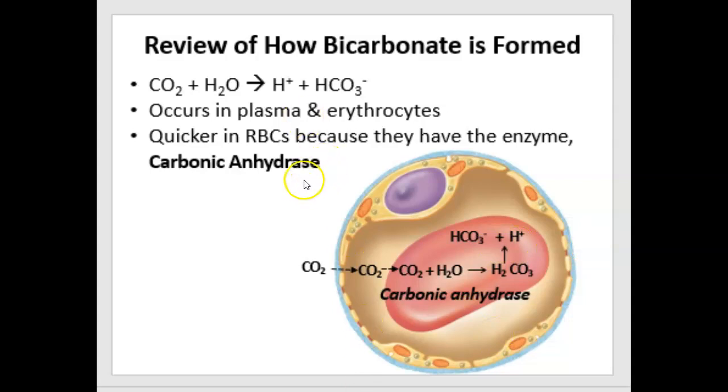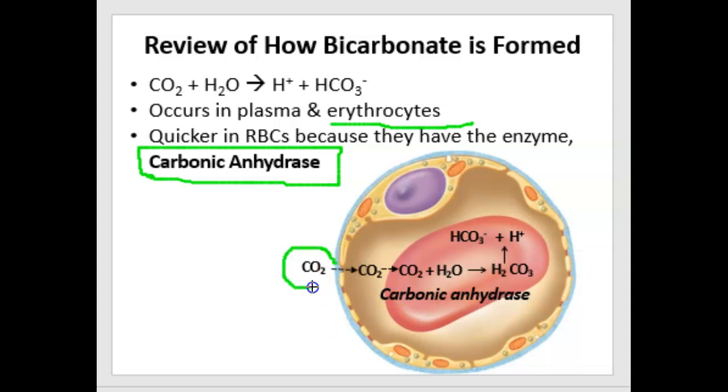The majority of bicarbonate is formed in erythrocytes. And that's because the erythrocytes have an enzyme called carbonic anhydrase that lowers the activation energy needed for this reaction to take place. So there's an enzyme that facilitates this chemical reaction.